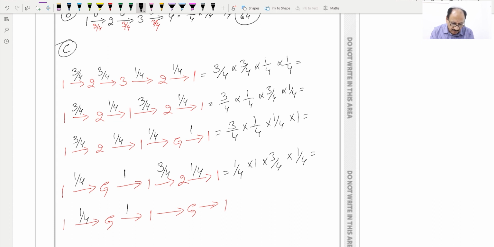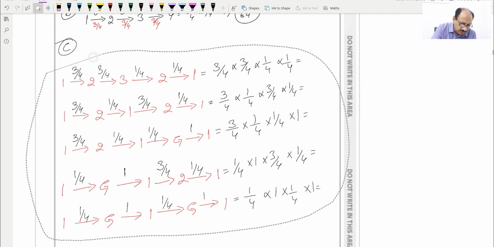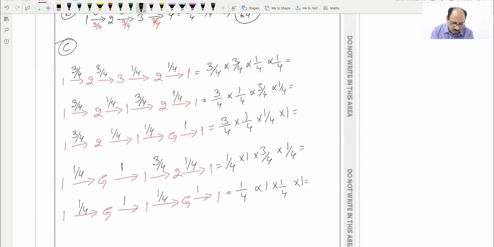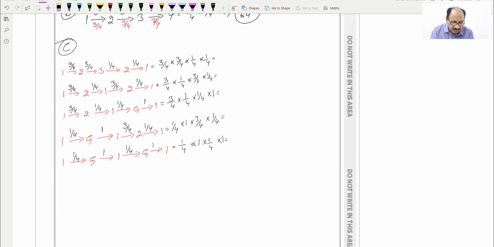Then from first to ground, it will be going down, so 1 by 4, and again ground floor to first floor, as I explained, the probability will be 1. And we can write 1 by 4 into 1 into 1 by 4 into 1, and this will be the probability. And I will just reduce the size of this whole thing and shrink here.